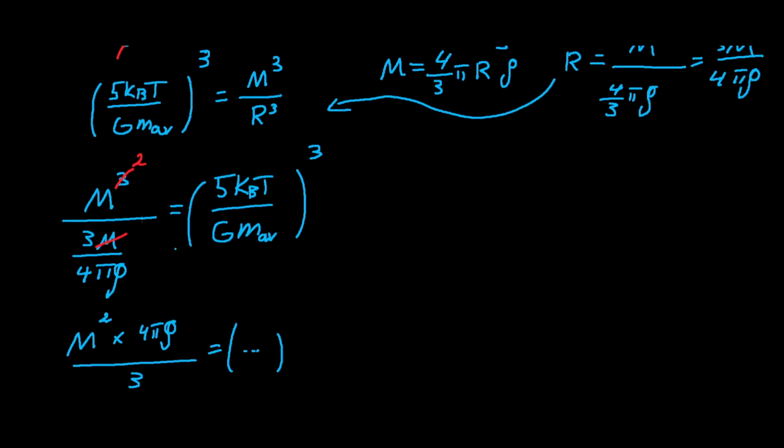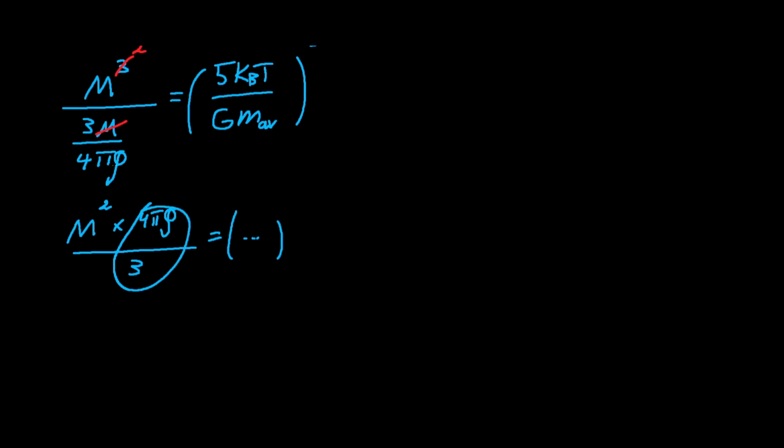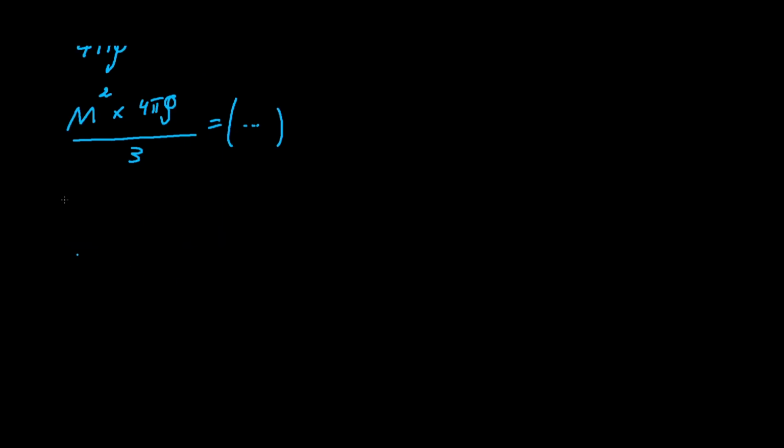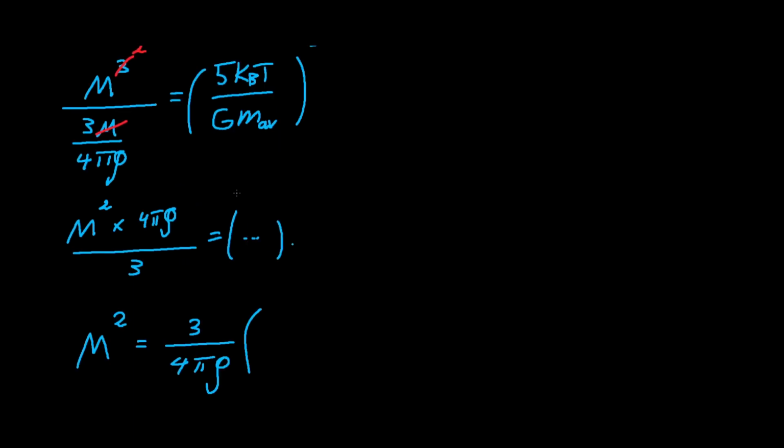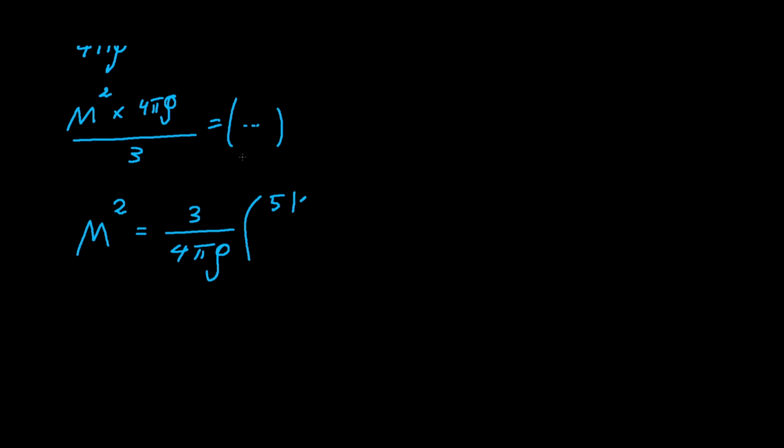And now you can put this part of this term on the other side, and so you get M squared equals 3/4 pi rho times (5 k_B T over G m average) to the third.